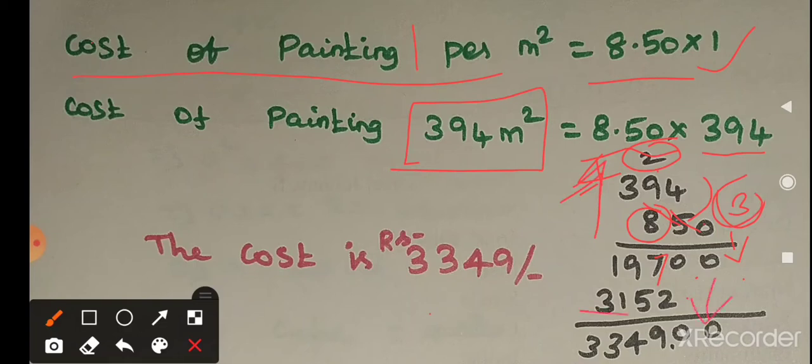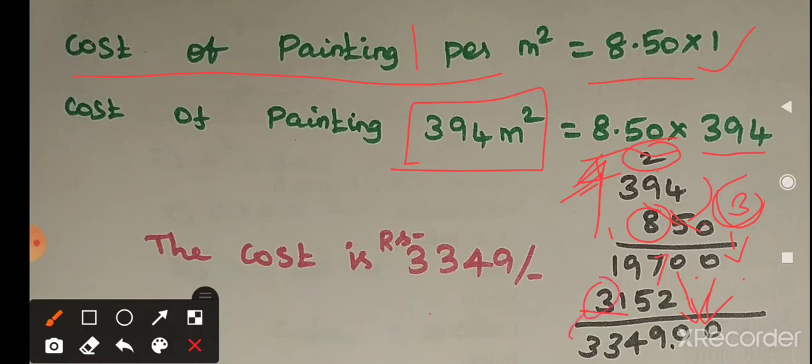Then we are adding. This 0 is as it is. 7 plus 2, 9 plus 5, 14, balance 1 here. 1 plus 1 is 3 and 3 as it is.